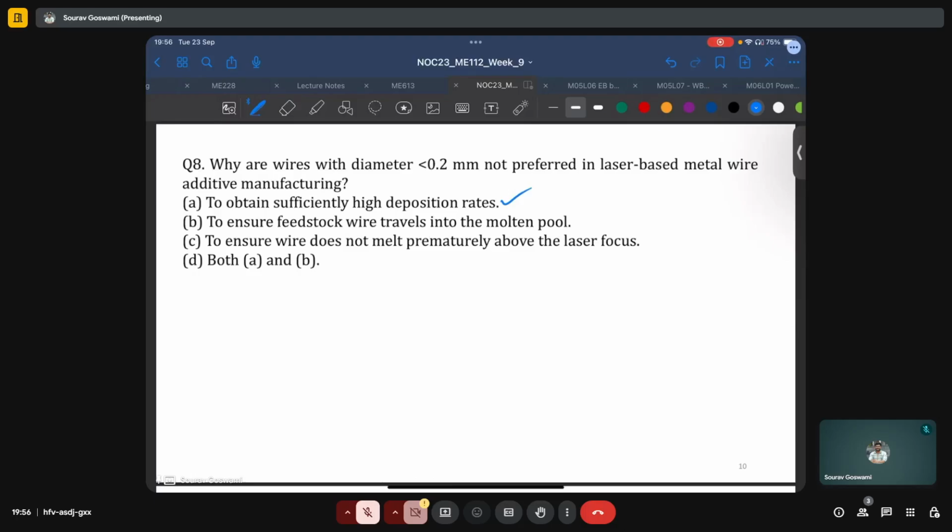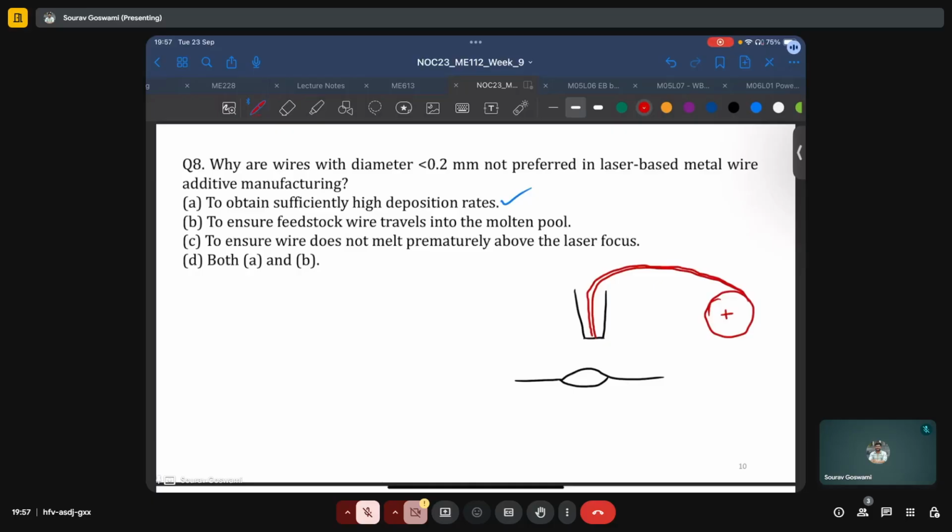Is it also to ensure the motion of feedstock wire into the molten pool? As we have previously discussed, the wire is typically available in the form of a spool, from which it is fed into the nozzle using pinch rollers and other mechanisms which we saw for FDM. Now, this will have some pre-existing tension because of being coiled in the spool.